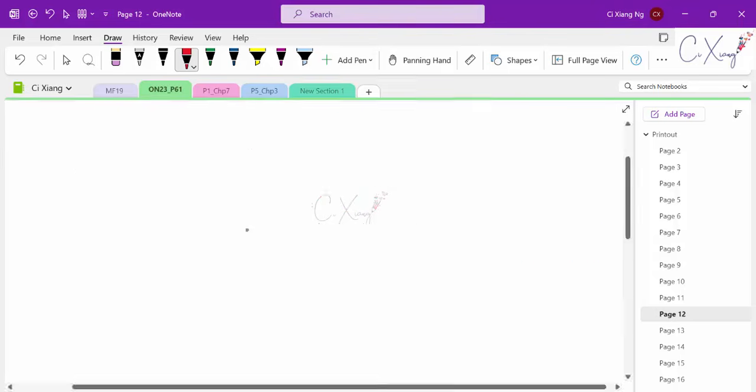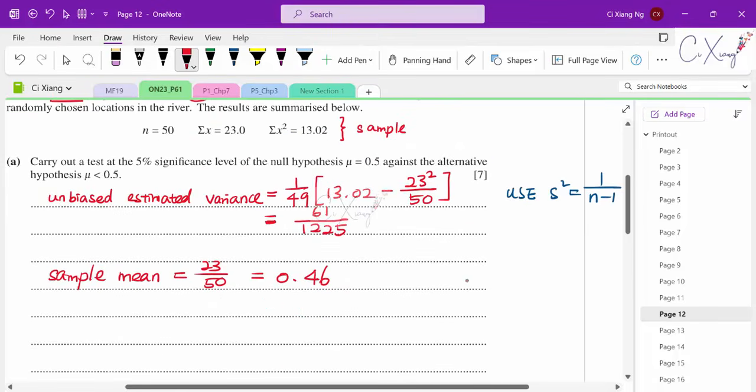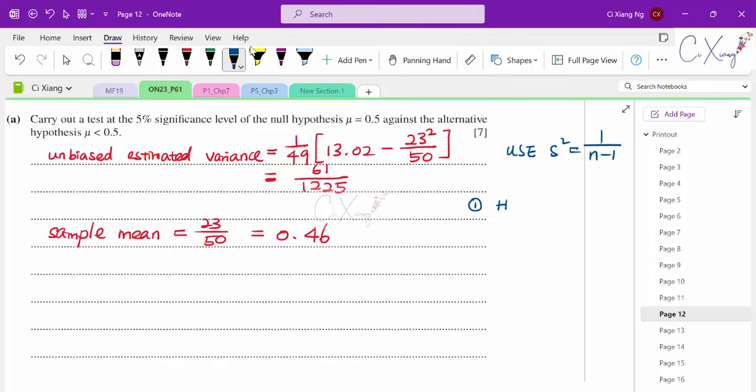Okay, after you get all the things that you need to carry out the test, we can start the hypothesis test now. Again, just to recall very quickly, what are the steps that we need to include here? First step, you have to set up the null and the alternative hypothesis. Then, you get the critical value from the normal distribution table.